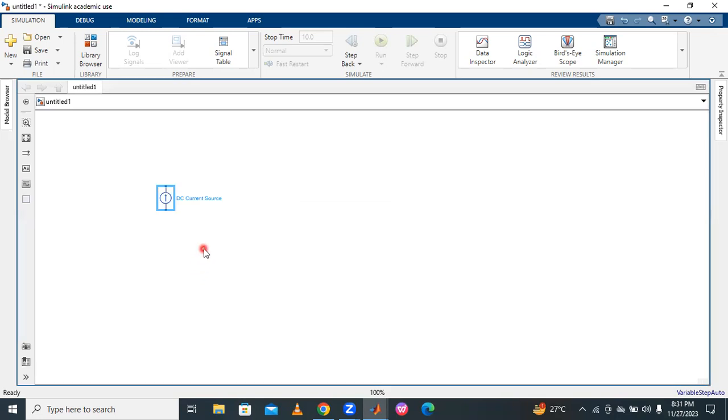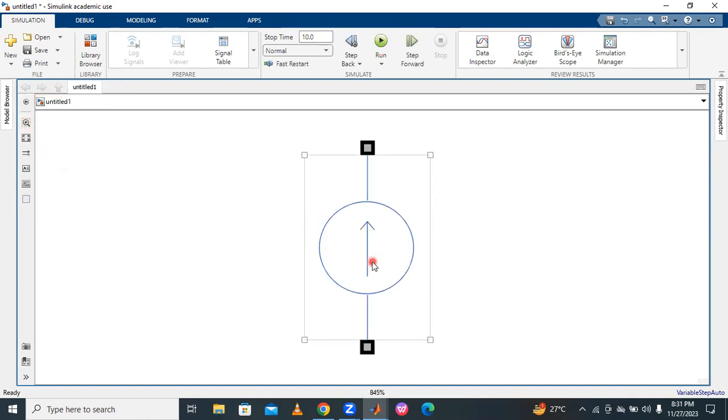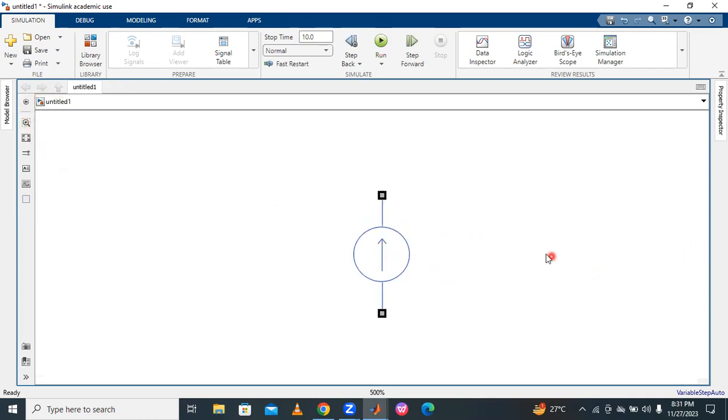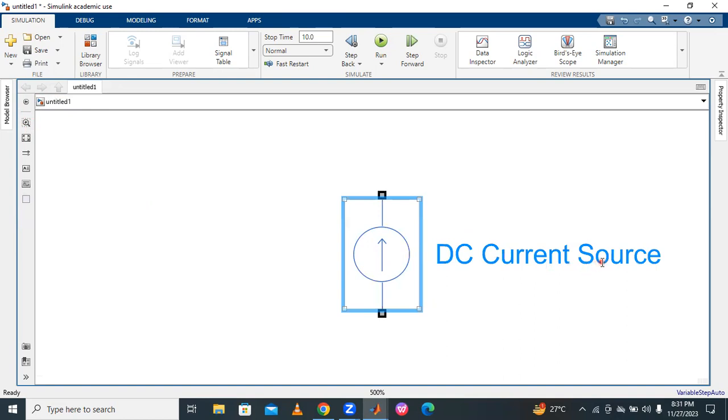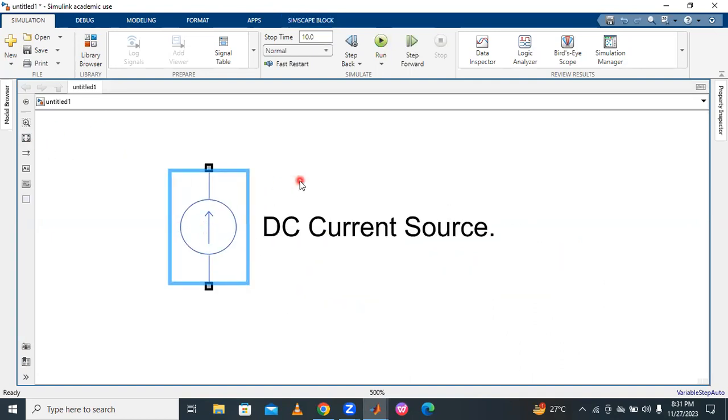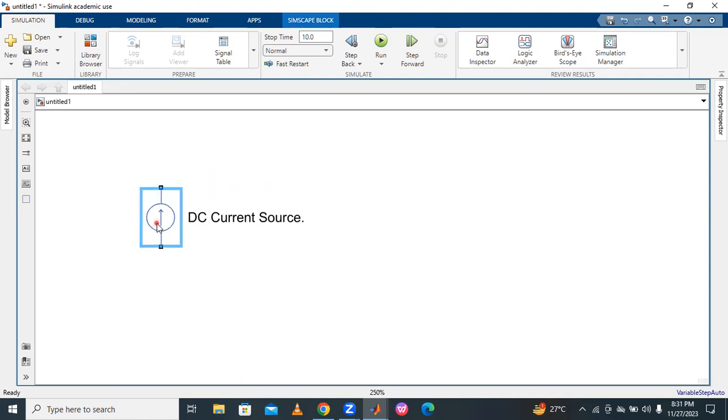Take this DC current source element and place it here, and take one resistor.